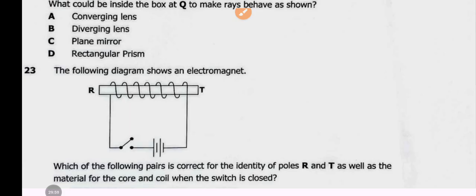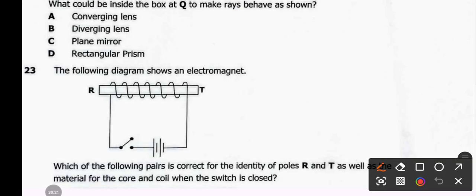Basically, here you have to understand what an electromagnet is. An electromagnet refers to a temporary magnet made by passing direct current through a coil containing soft iron. So when you pass direct current through a coil containing soft iron, then you form an electromagnet.